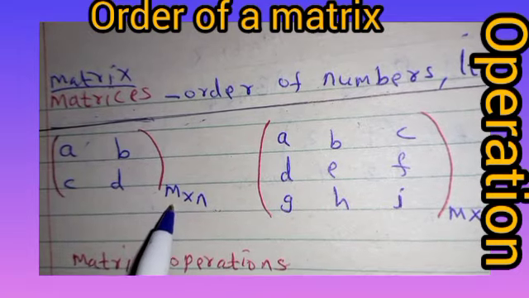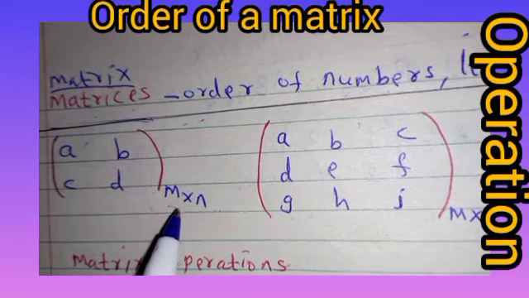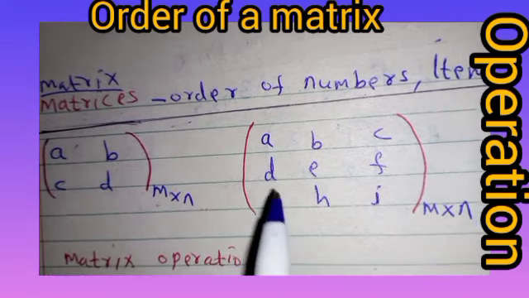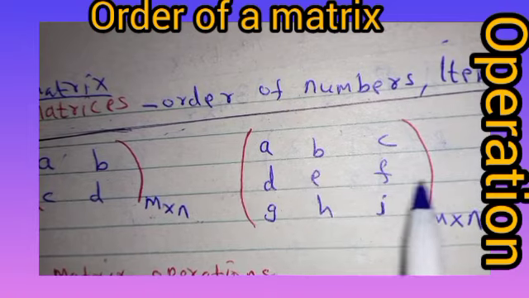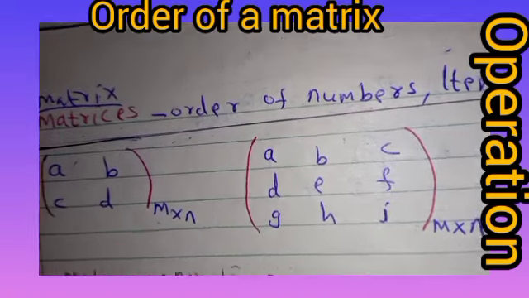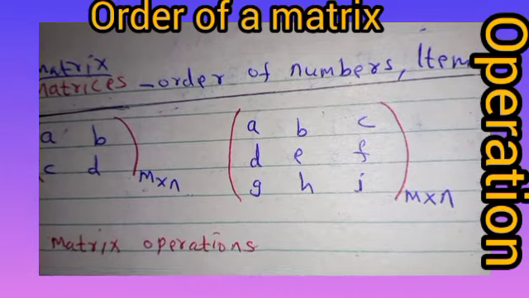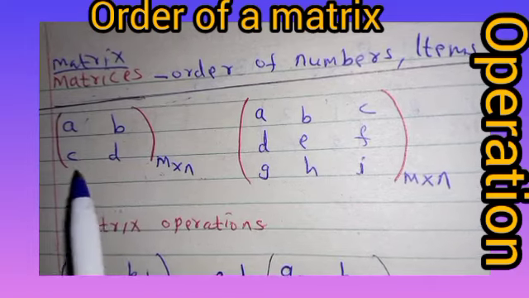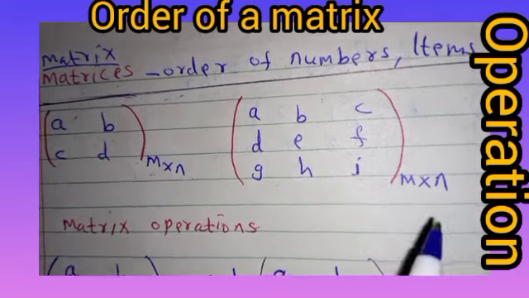The first represents the rows, and the second the columns. This other one has 3 rows and 3 columns. So that is what is referred to as the order of a matrix, and it is given by, first of all, the rows, then the columns.